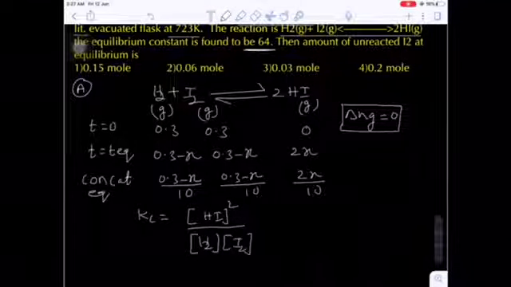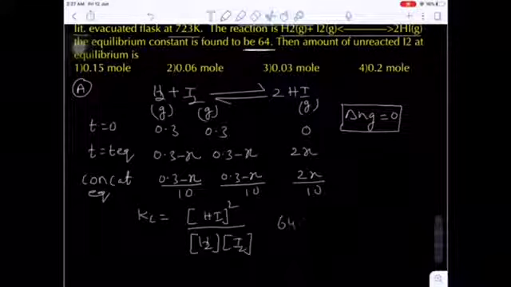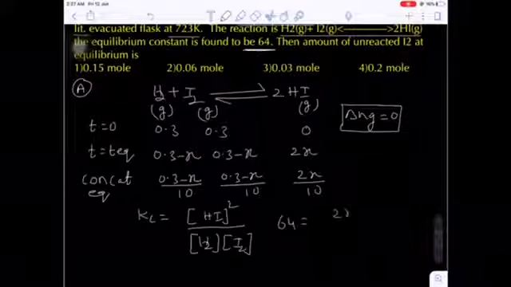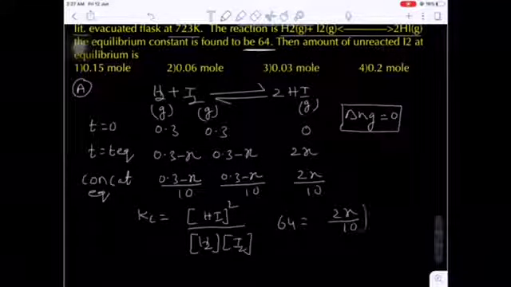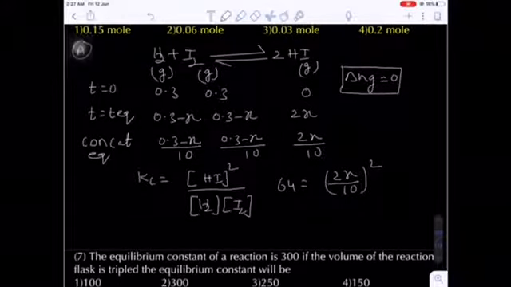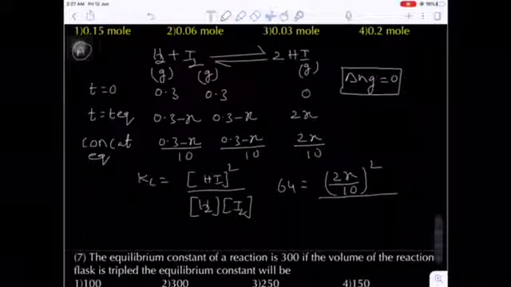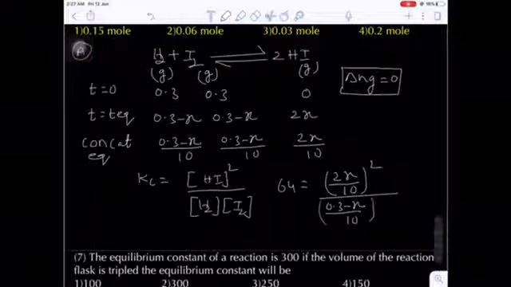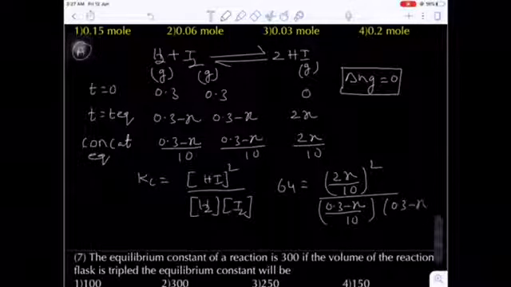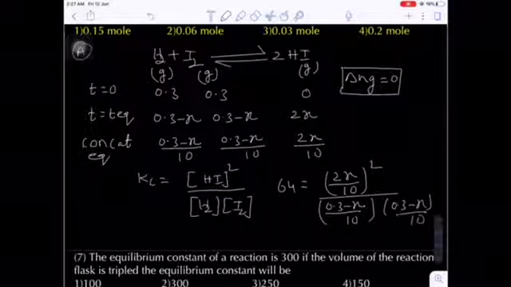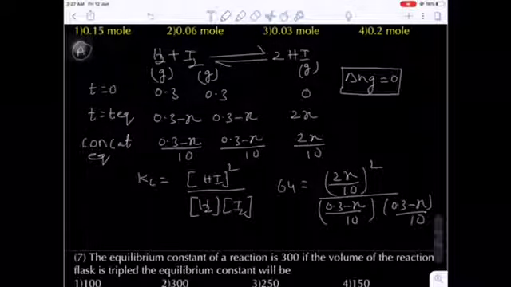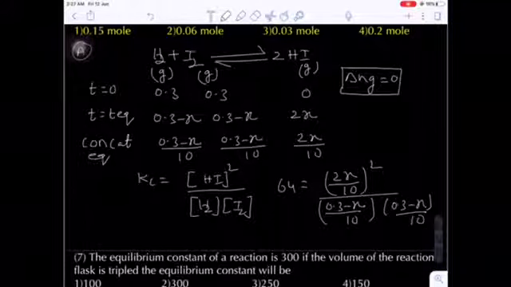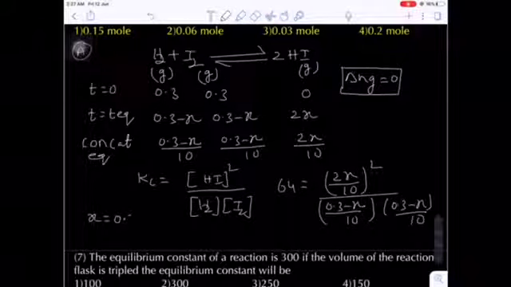What is the Kc given to you? 64. So 64 is equal to HI whole square divided by H2 into I2. If you simplify this, you will get the x value.